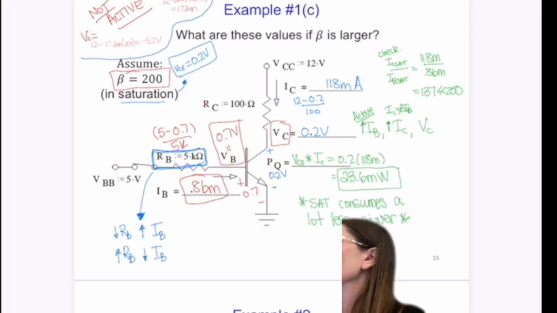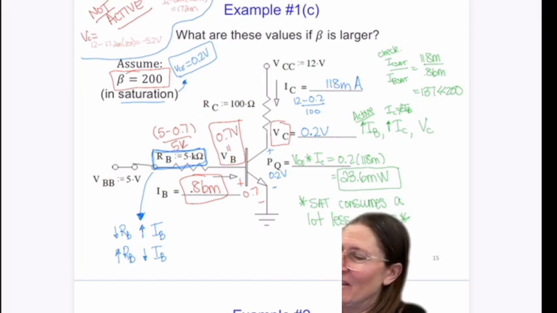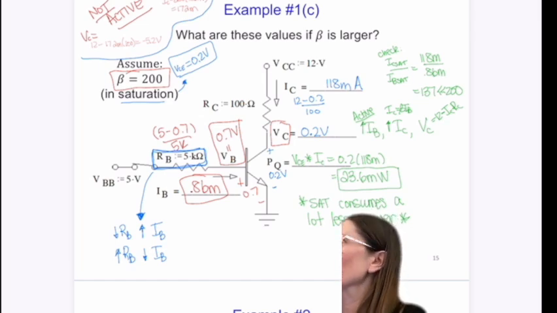Lower or higher? So 12 minus ICRC. So if I've increased IC, I'm going to have a larger drop, so VC goes down.